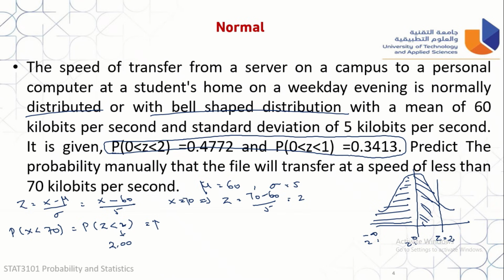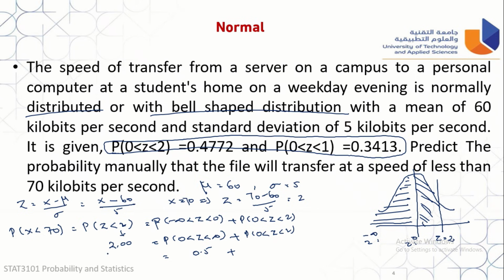P of z less than 2 can be written as P of minus infinity less than z less than 0, plus the probability of 0 less than z less than 2, which is equal to the probability of 0 less than z less than infinity, plus the probability of 0 less than z less than 2. From 0 to infinity, one side, this is 0.5, then 0 to 2.